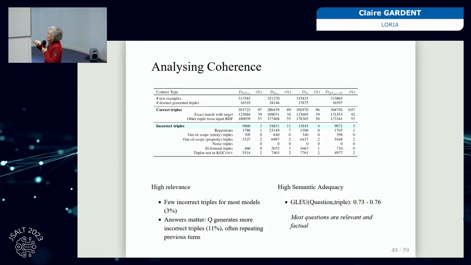This gives us an indication that the generated question is actually verbalizing the triple, the fact that has been predicted. So the idea is, if the predicted fact is relevant to the dialogue context, and the question matches this triple, then the natural language question is actually relevant to the dialogue context.